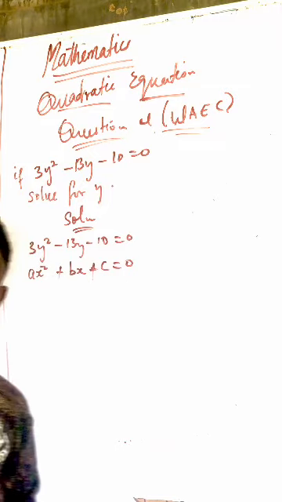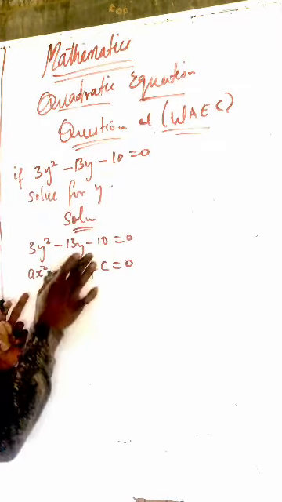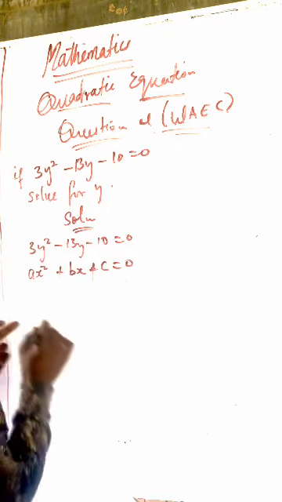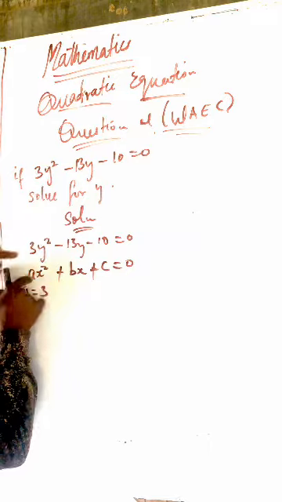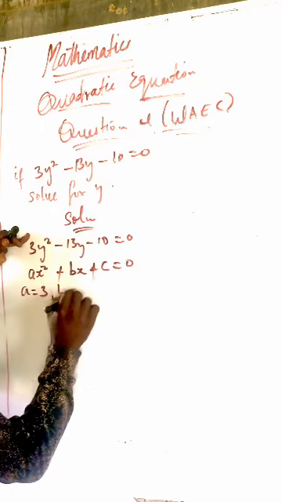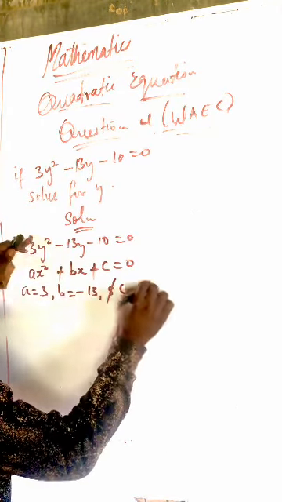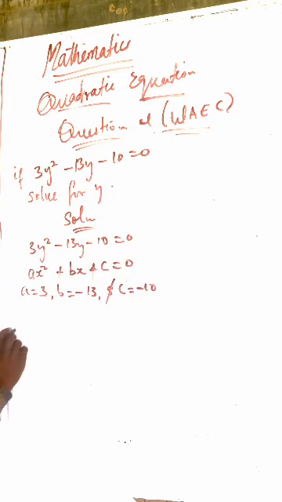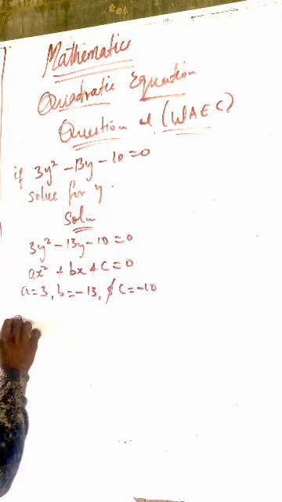Remember, I told you that a, b, and c in the definition are numbers, so these are the numbers from the original question. So a is equal to 3, b is equal to minus 13, and c is equal to minus 10.